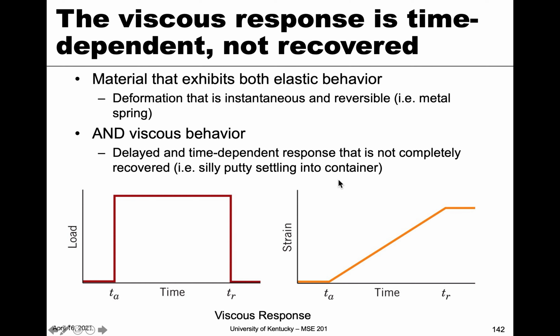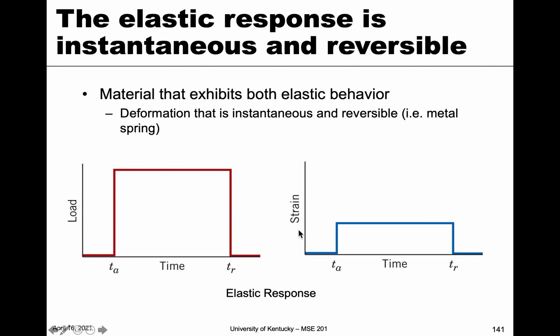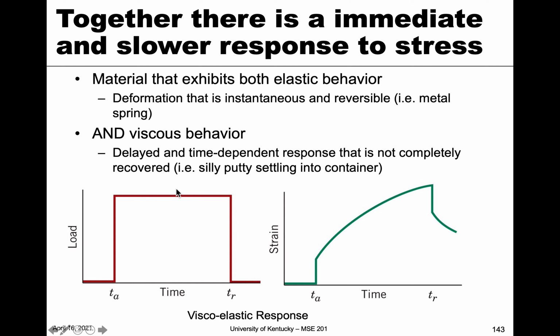When we combine these two responses for a viscoelastic material, because this is the viscous response and this was the elastic, with the same load but a viscoelastic material, we see that there's an instantaneous jump in the strain, but then we have this time-dependent part that constantly changes over TA to TR, and then it instantaneously drops back, but it doesn't go back to the original strain because we have that viscous portion.